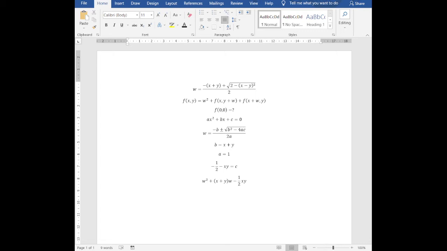Let me also remember to mute Discord. So this is the solution to this equation. And I'm thinking, by comparing it with this, we might get something interesting. Ideally, we might get something that looks like our solution. I'm wondering if this is going to be equal to 0.